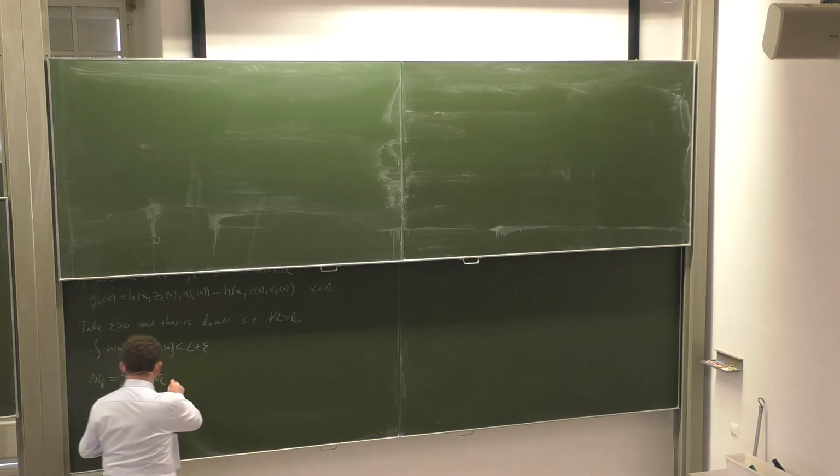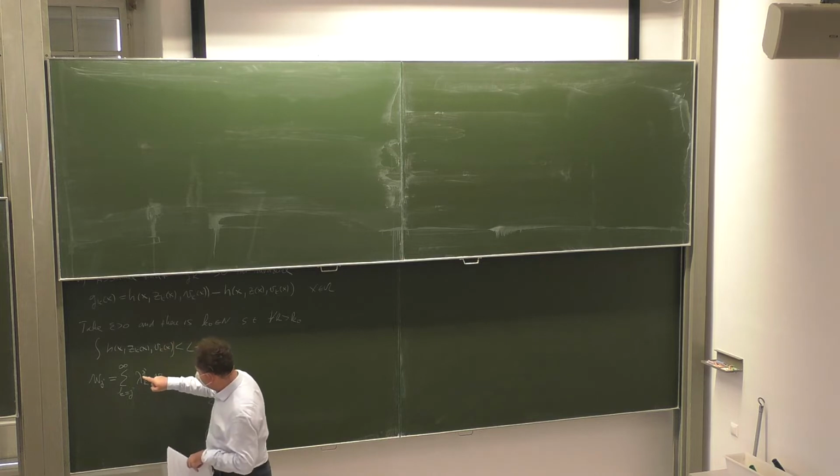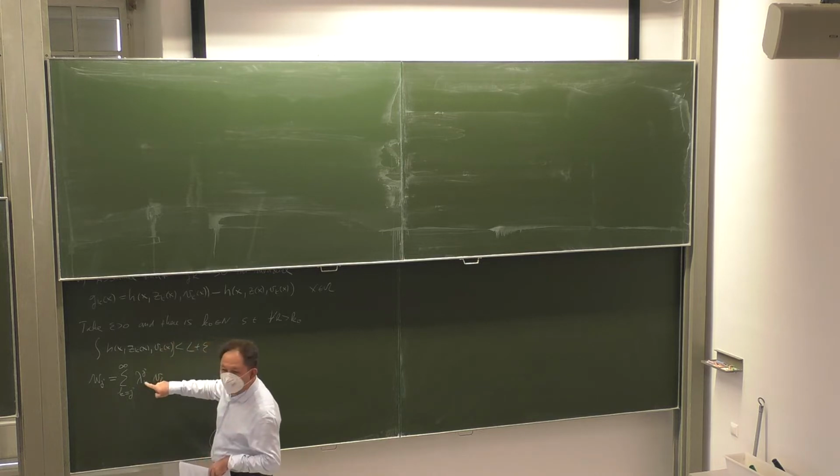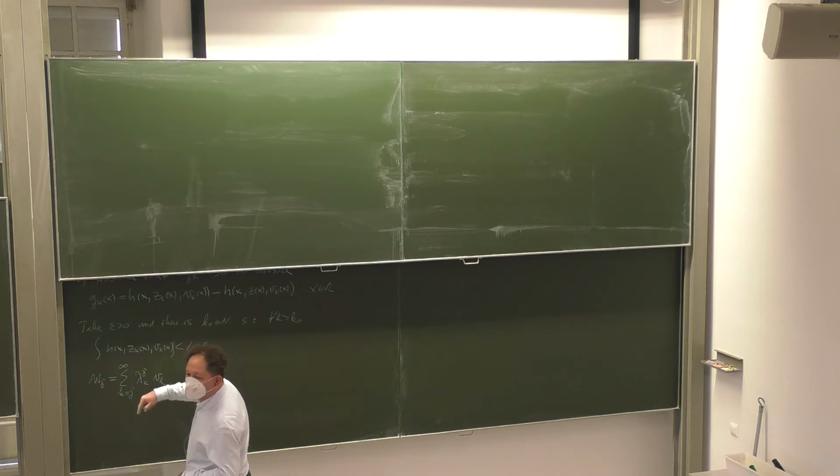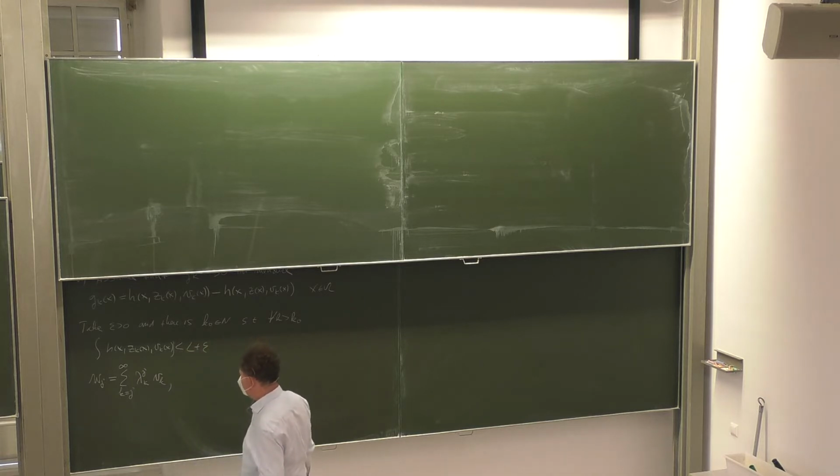I recall that for given j, only finitely many lambda_jk are non-zero, they sum up to 1, and they are non-negative. So these are coefficients of a convex combination.